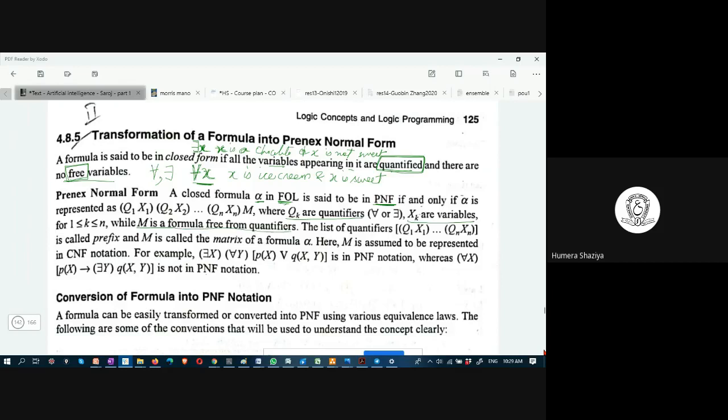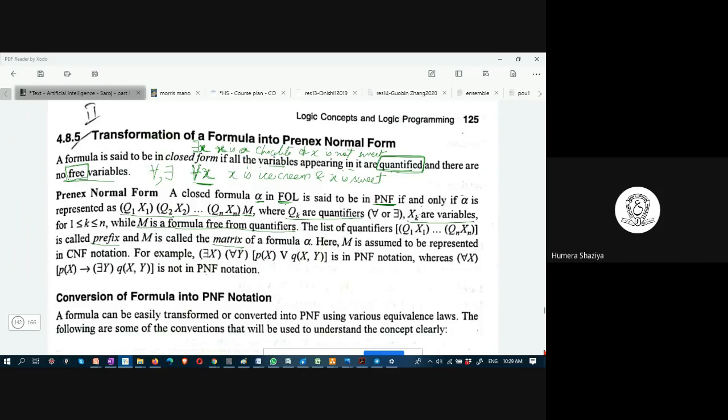This prenex normal form has two parts. The first part corresponds to the quantified variables. The next one is a formula free from quantifiers. The list of quantifiers is called the prefix and M is called the matrix of the formula.